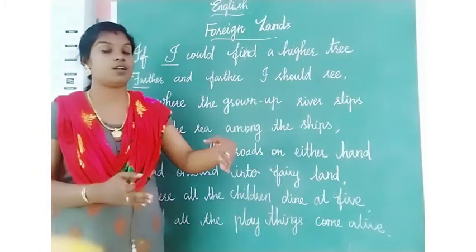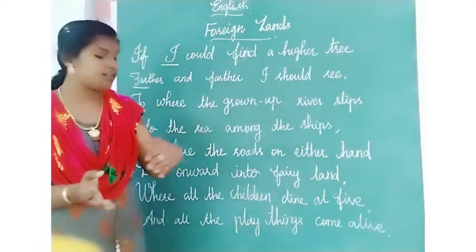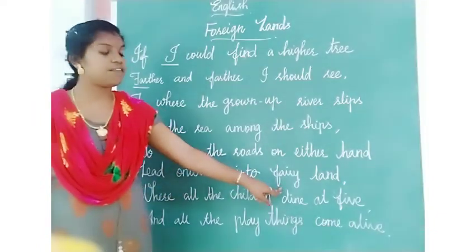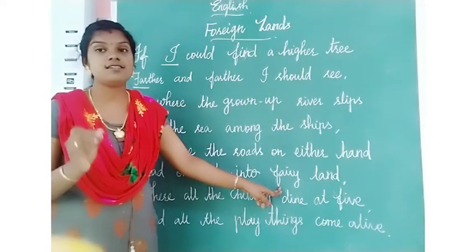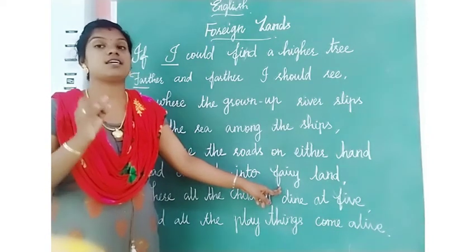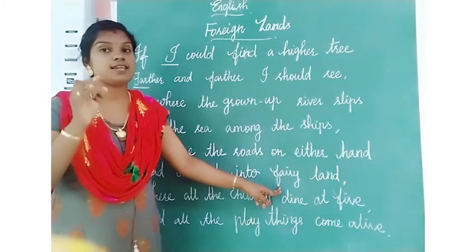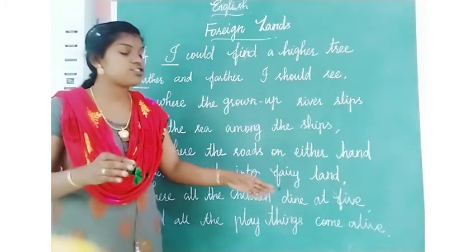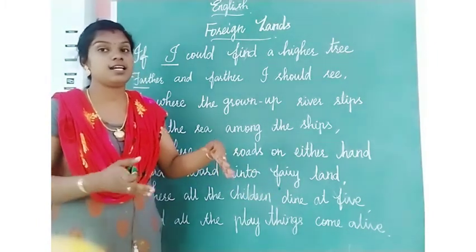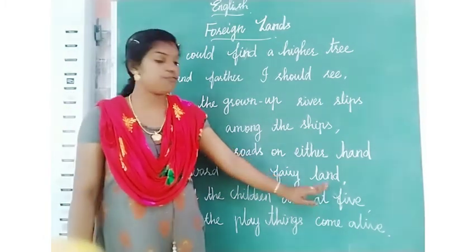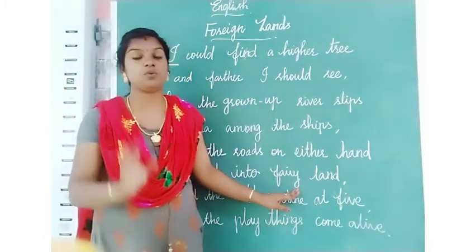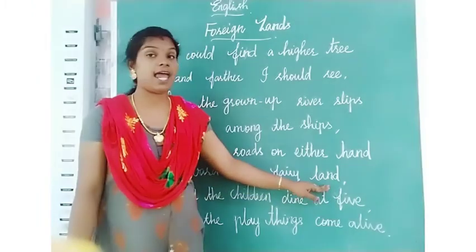That road led her to a fairyland. This is the child's imagination. The child imagines that a road is leading her to that fairyland. Fairy means imaginative world.